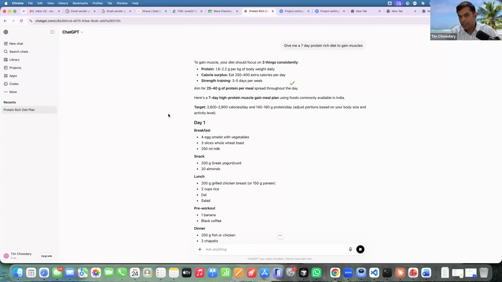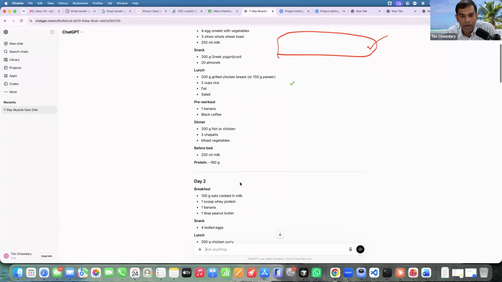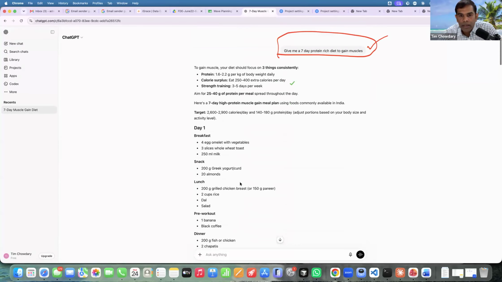So my prompt here is this one. I'm asking the model to give me a diet plan for 7 days. I'm just using the prompt here. This is a simple prompt, and it has given a very nice, day by day breakout plan.